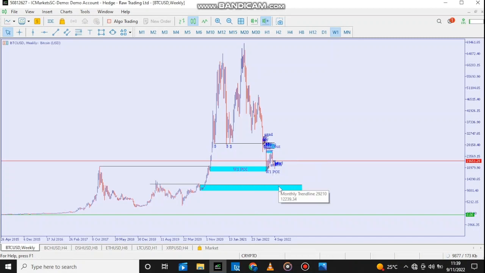So I expect the price to react from this order for a swing trade to the upside, because there is no reason for the price to go below this point, because there is no any demand, and this is a zero, like, which means if Bitcoin goes below this point, it's going to crash straight to zero. This is the last demand zone.